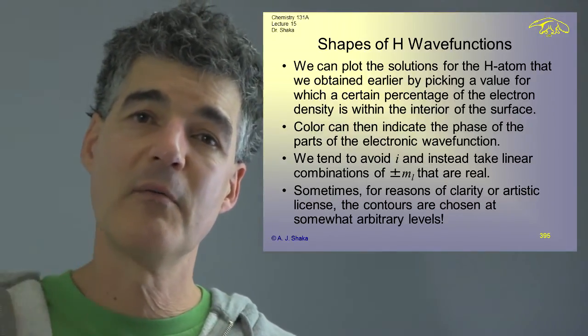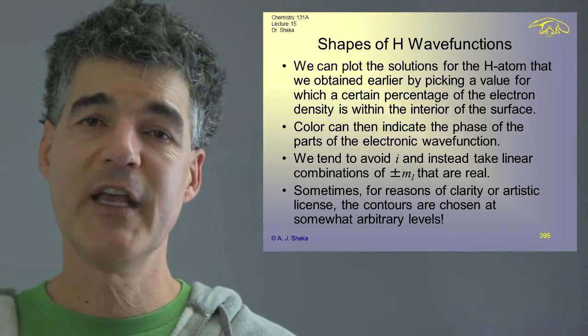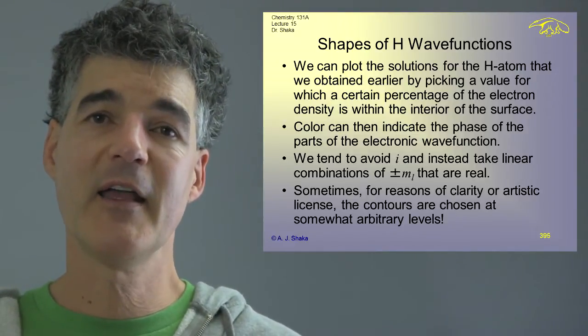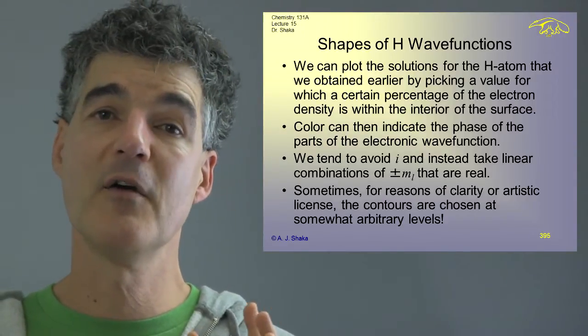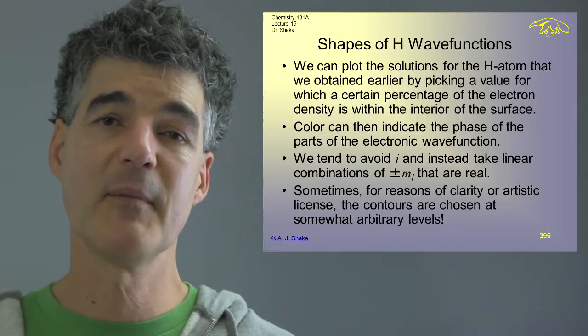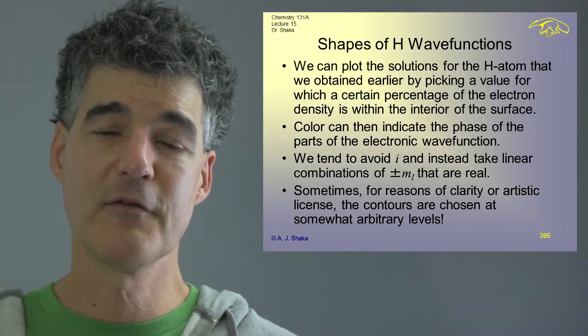But if as you go around the phase is changing with respect to phi, then you'd have to figure out some way to code that. You might be able to do that by coding in a rainbow, but on the other hand, that might be confusing when you include the phase.